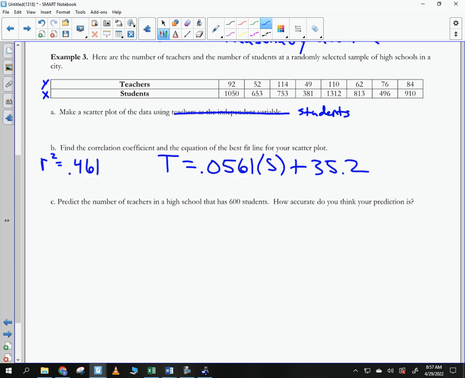It says predict the number of teachers in a high school that has 600 students. Somebody in the area might say, we're considering opening a new high school with an enrollment of 600. How many teachers would we expect to have? Some people might say 52 right away because it's close to that 653 number. But a better way would be to gather that data, create the trend line, and say teachers equals 0.0561 times 600 students plus 35.2.